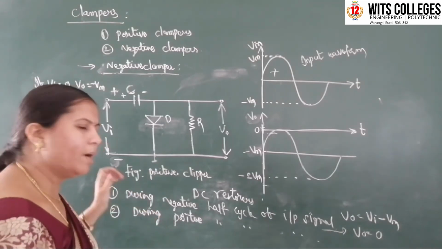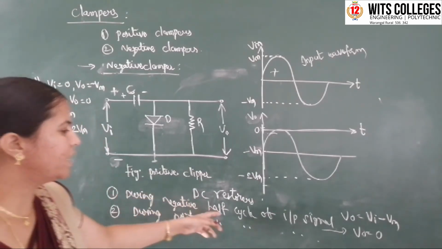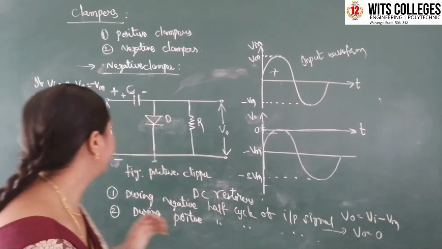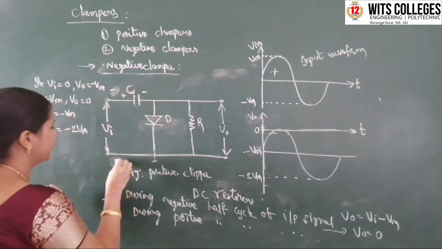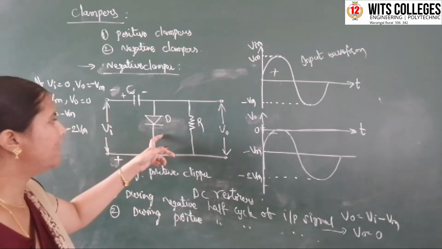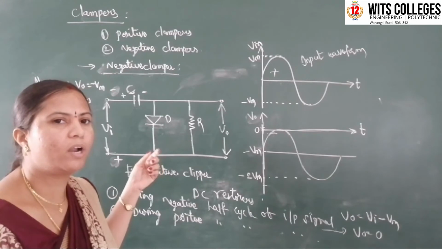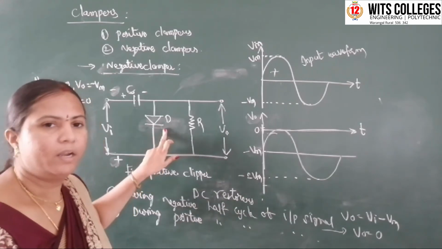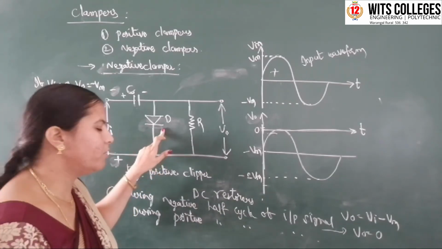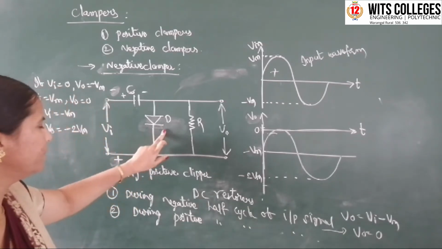Coming to the next one, during the negative half cycle of the input signal, the polarity becomes negative and positive. In this mode, the diode is reverse biased, so there is no flow of current through the diode. That means the diode is open circuited.